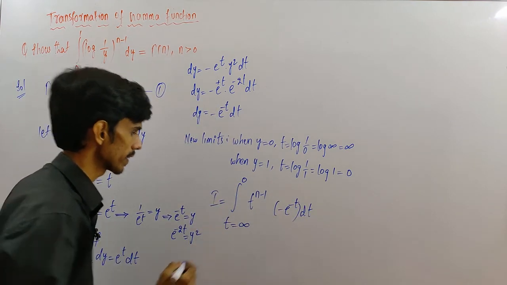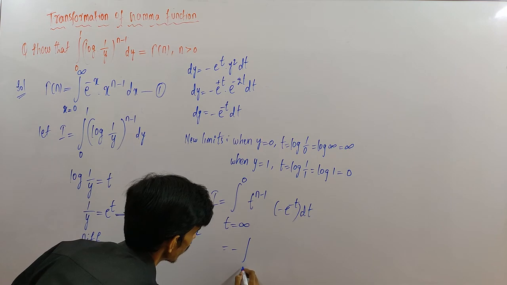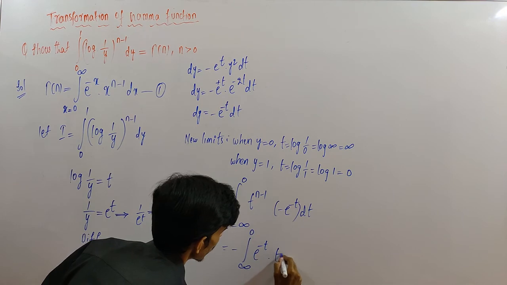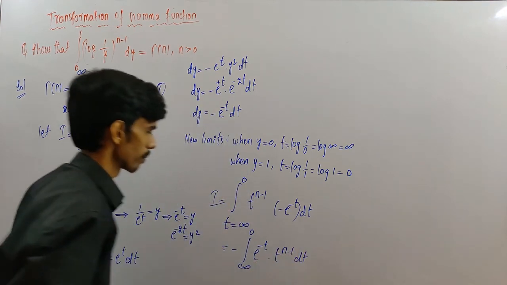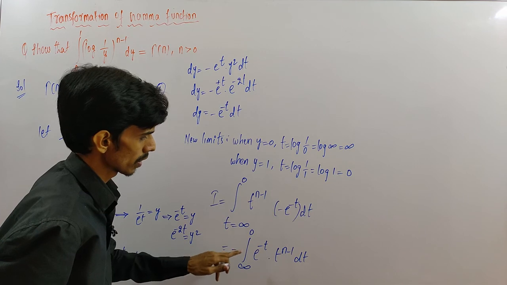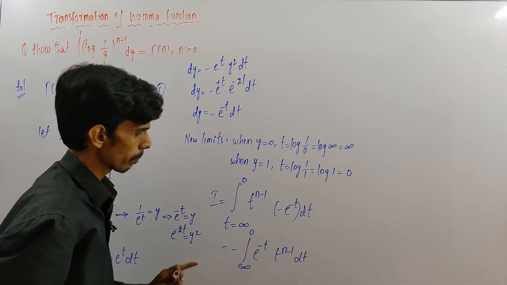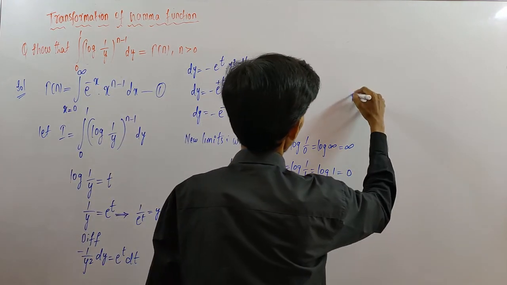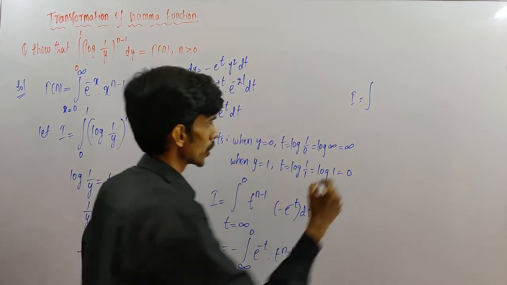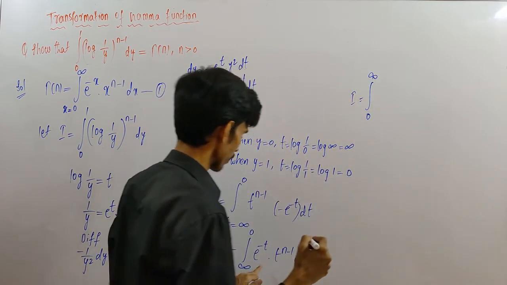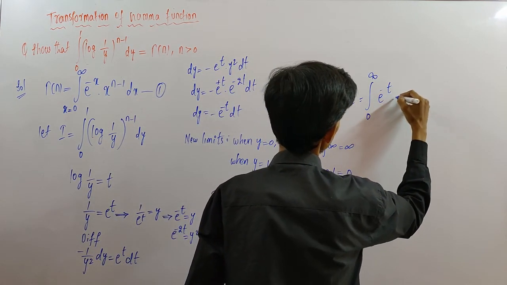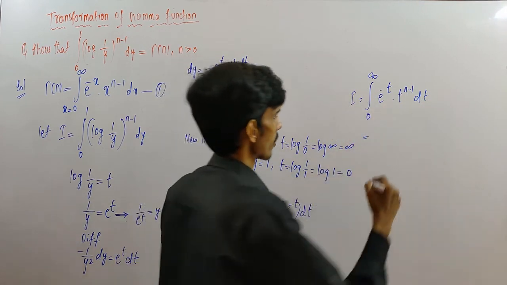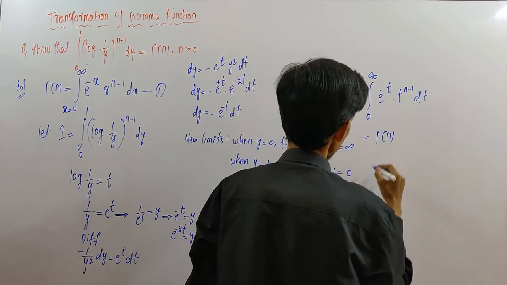Now take this minus here, we have minus integration infinity to 0 e power of minus t into t power of n minus 1 dt. Now change this upper limit to lower limit and lower limit to upper limit, then this minus sign will vanish. So we have I is equal to integral 0 to infinity e power of minus t into t power of n minus 1 dt. This is the definition of gamma function. So this is gamma of n. We got RHS.